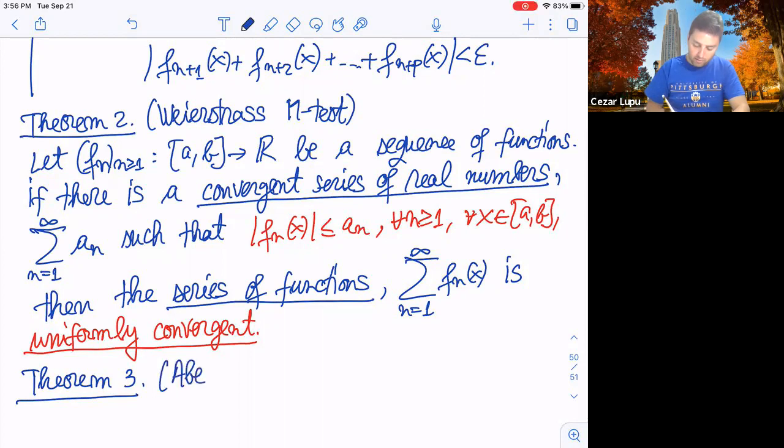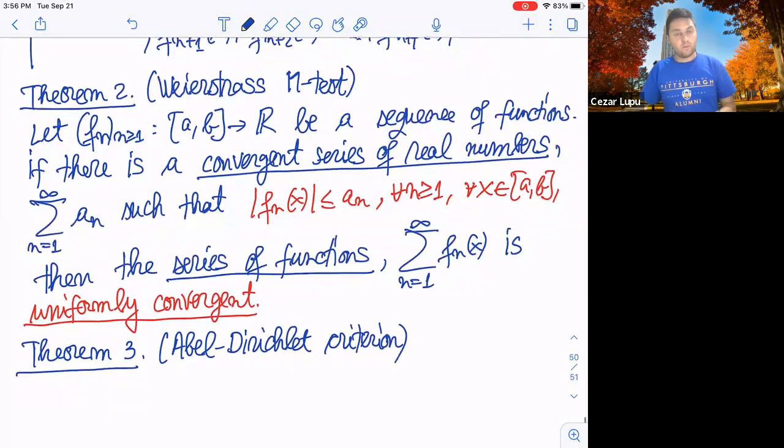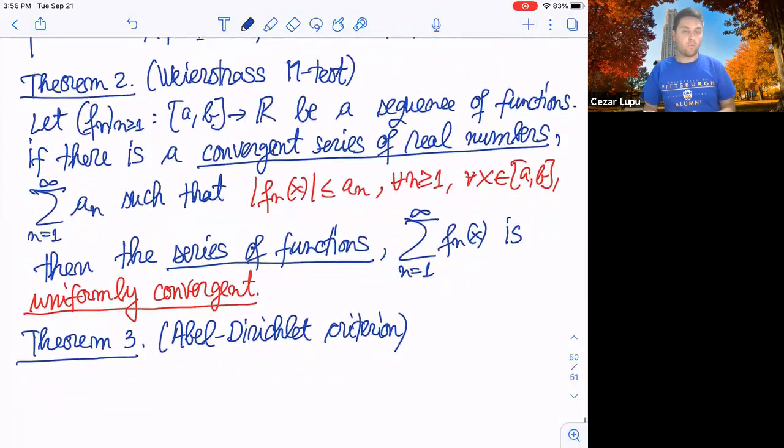It's called the Abel-Dirichlet criterion. It's a version of the same criterion from series of real numbers. You will see how this will be useful when we see examples in which the Weierstrass M-test will fail, and then we'll make use of the Abel-Dirichlet criterion. Bear with me. We'll see applications of these theorems in moments that will follow.